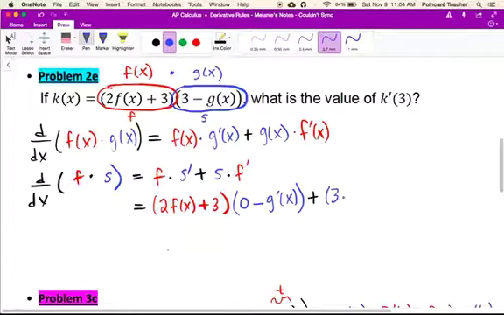Since I just said second, not the derivative of the second, I'm just going to copy down the second, times the derivative of the first. Now I'm looking at this as my first. I need the derivative, so I'm going to apply the constant multiple rule, and that's going to give me 2f prime of x plus the derivative of 3, which is 0.